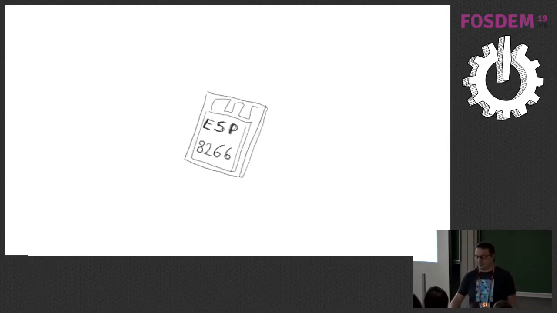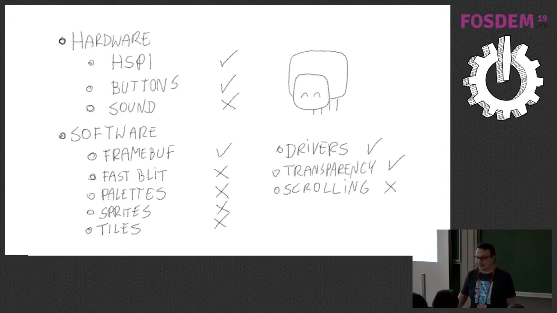The problem is ESP8266, that port that was just being made back then, didn't have support for it. The chip has the peripheral, but MicroPython didn't have support for this. And I really needed it. So I sat down and looked at the NodeMCU, which is a Lua-based firmware for the same platform that had support for it.